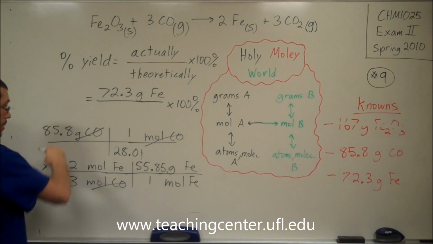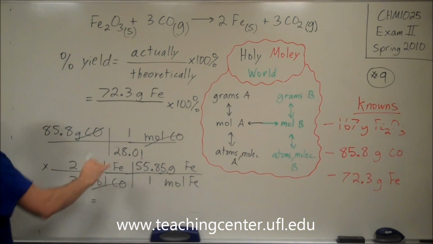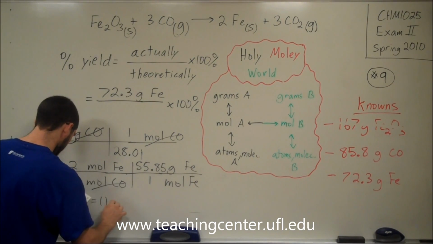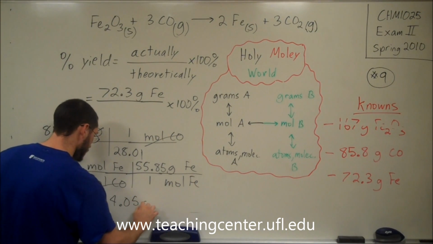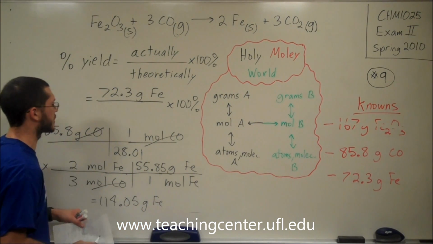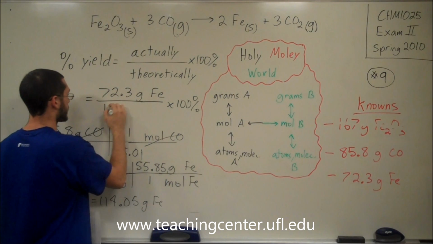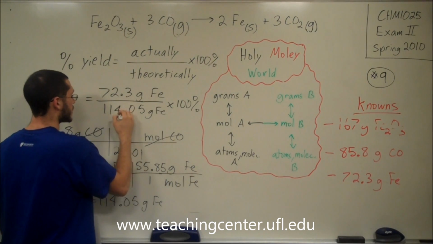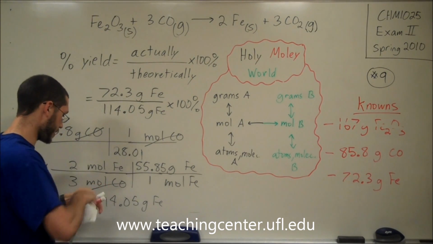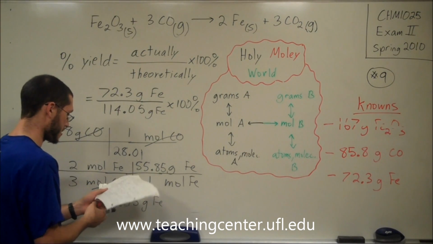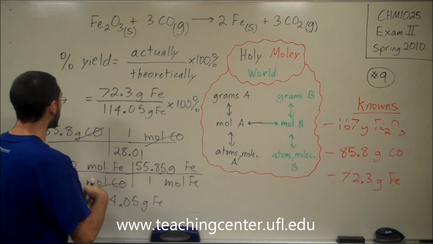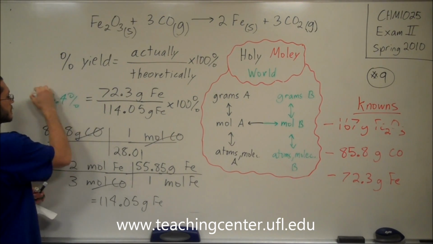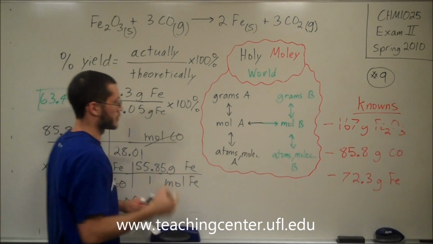Okay. Punching all this out, multiplying by everything on the top, dividing by everything on the bottom, we get 114.05 grams of Fe. And that's the theoretical amount. So I'm going to plug that amount in right here. That's how much I could have made, but something went awry somewhere along the way. Finally, 72.3 divided by 114 gives 63.4% yield. Don't forget to multiply by 100.